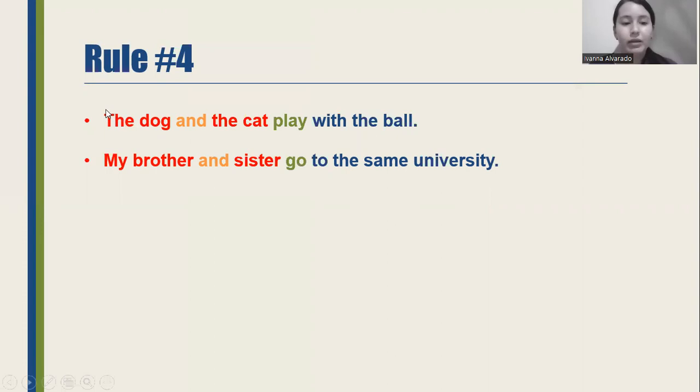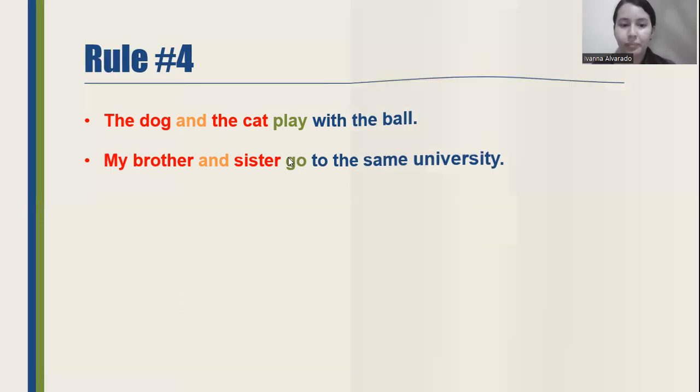In the first sentence, the dog and the cat, and in the second sentence, my brother and sister. These singular subjects are connected by and. In this case, we use a plural verb form. In the first sentence, we have play, a plural verb form, and in the second sentence, go, also a plural verb form.